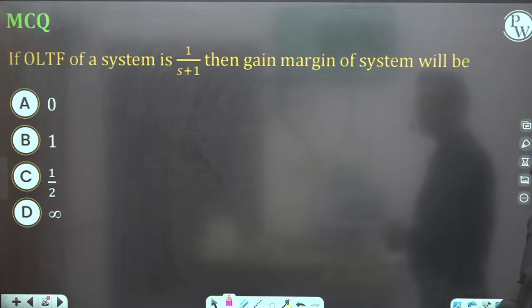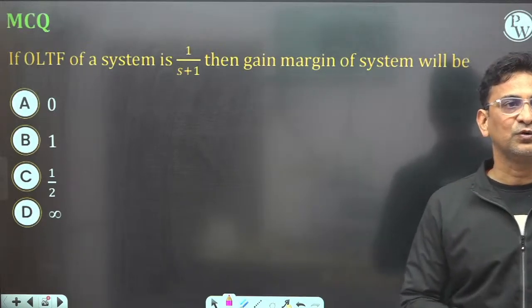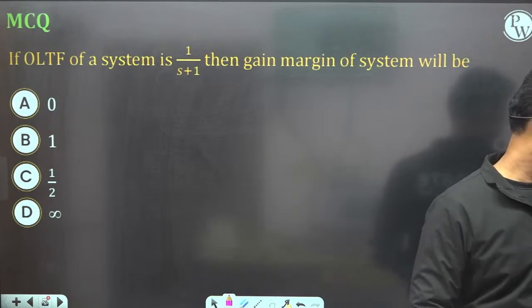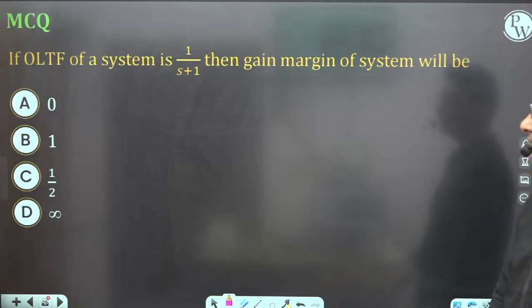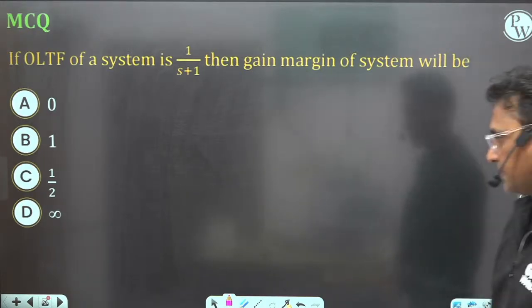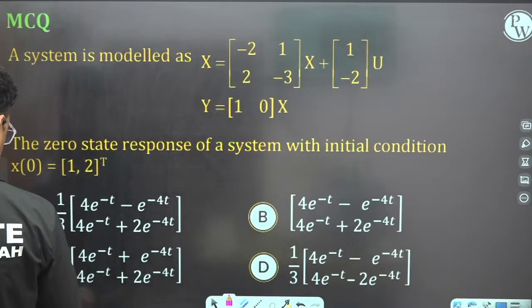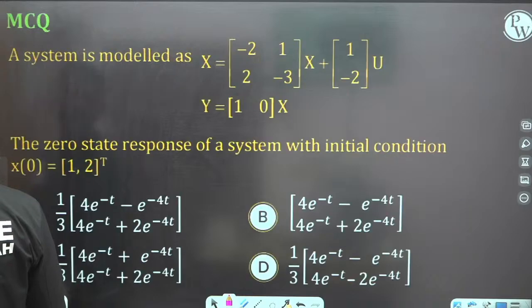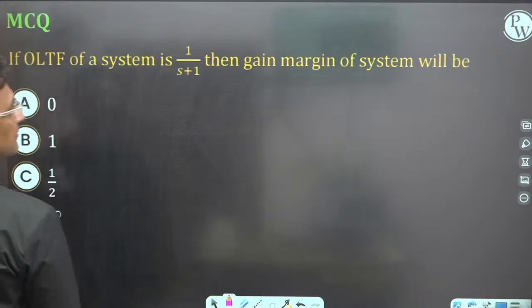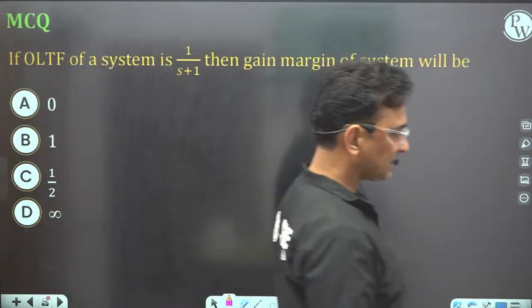So next question, very simple one. The open loop transfer function of a system is given as 1 upon s plus 1. What is the gain margin of the system? What will be the gain margin of the system? This is question number 8.